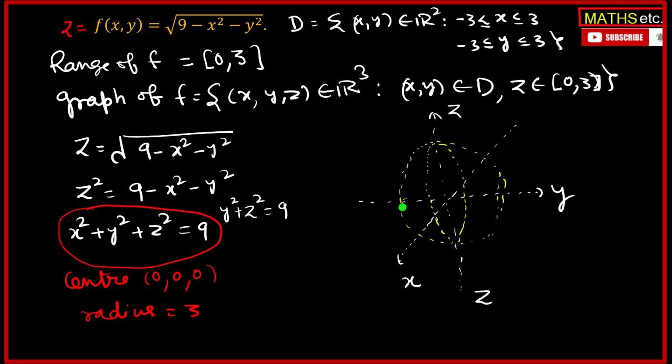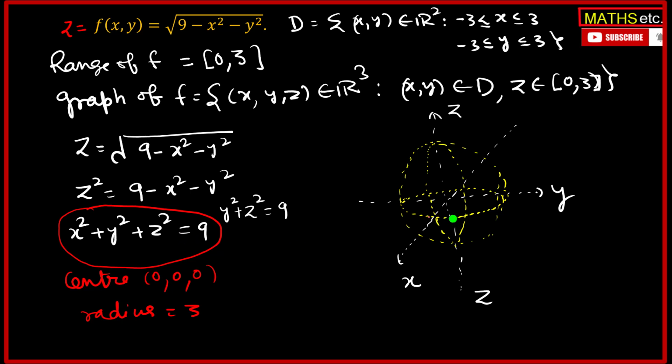So this is our third circle. All these three circles are cut by the three coordinate planes. These are the curves of intersection of this sphere by the three planes. So this one is our complete sphere x square plus y square plus z square equals 9.